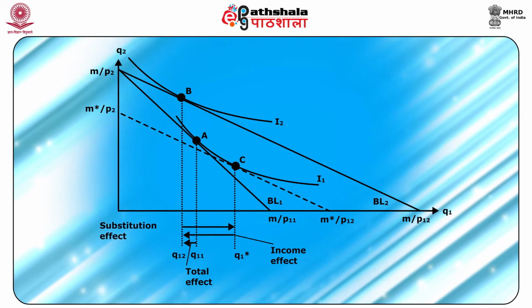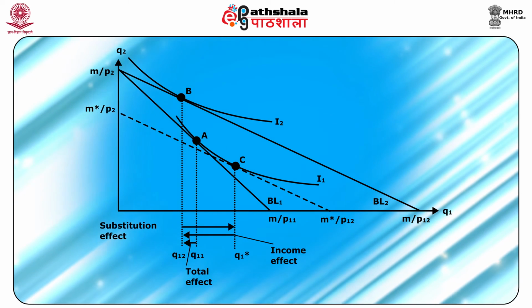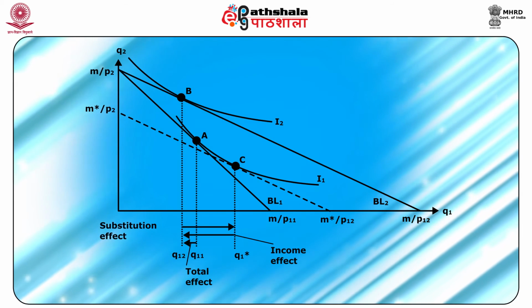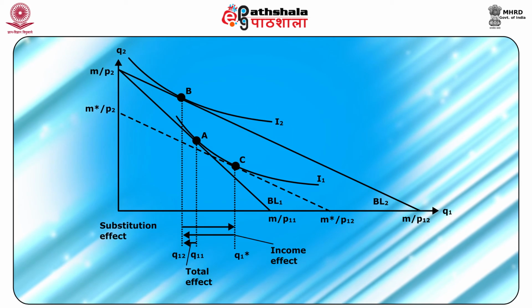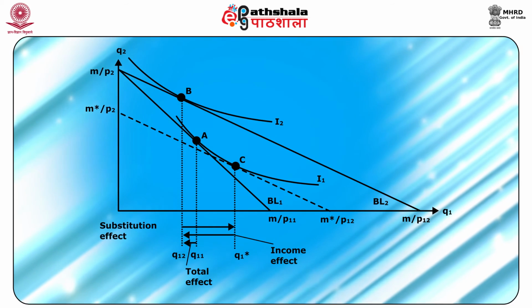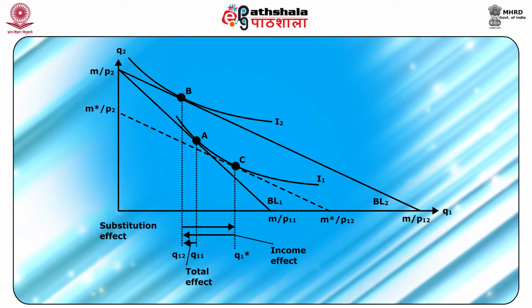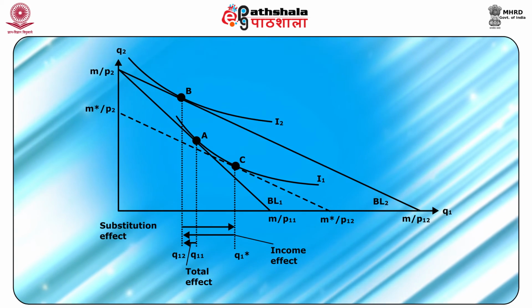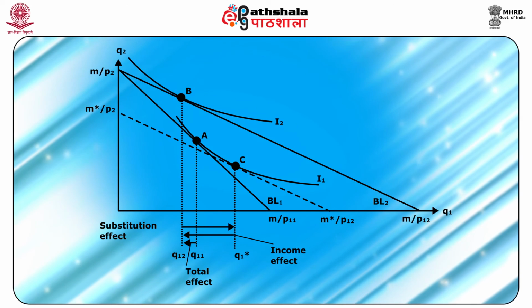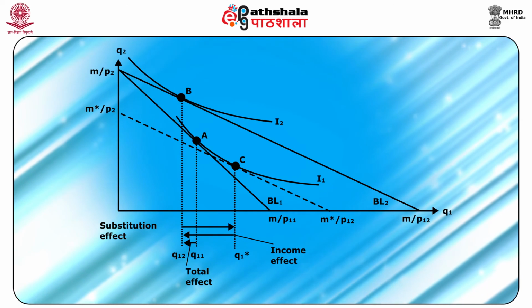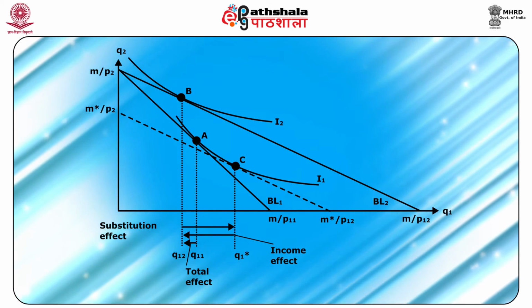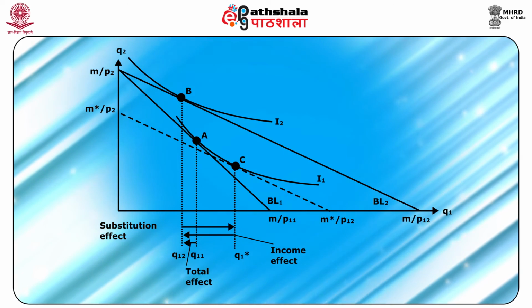So, the movement from A to C and C to B results in the final consumption of commodity X remaining at Q12. That means that with a fall in price, the quantity demanded or consumed of commodity X has actually fallen from Q11 to Q12.